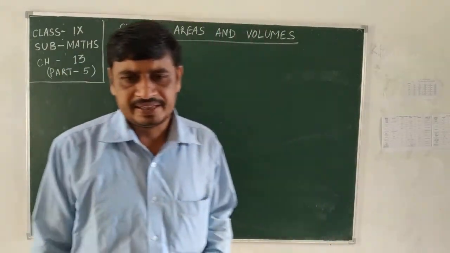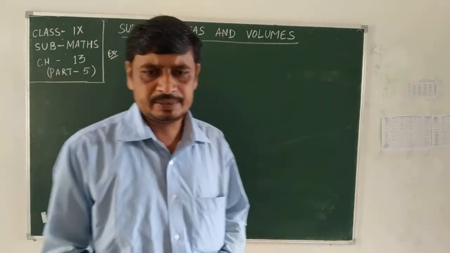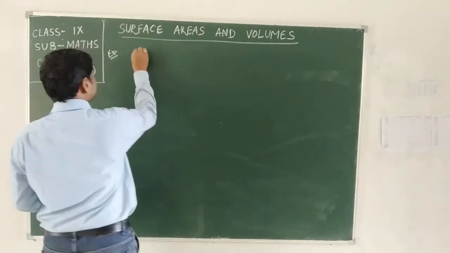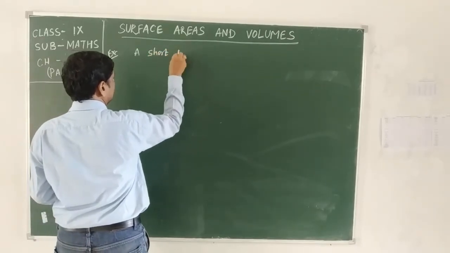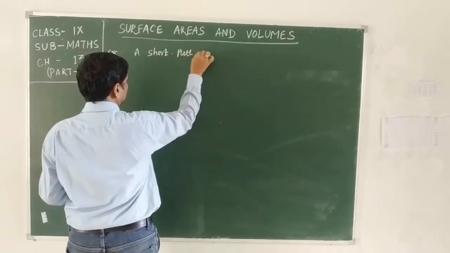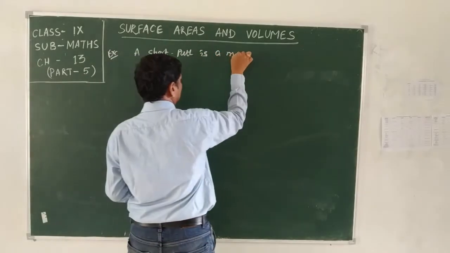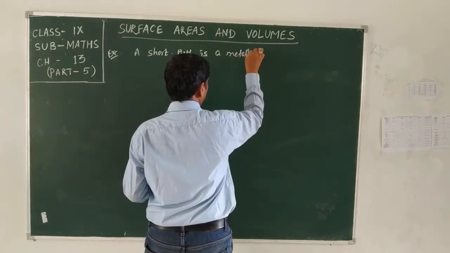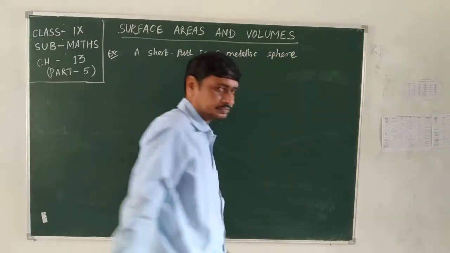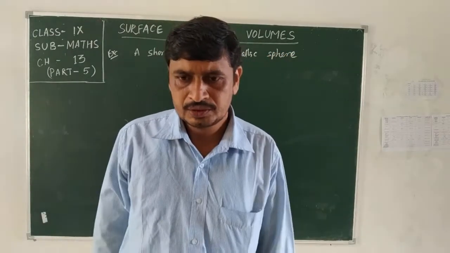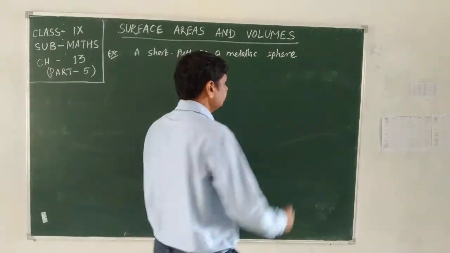Next example, a circuit is a metallic sphere of radius 4.9 cm.